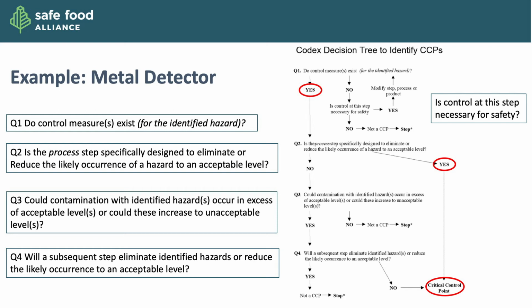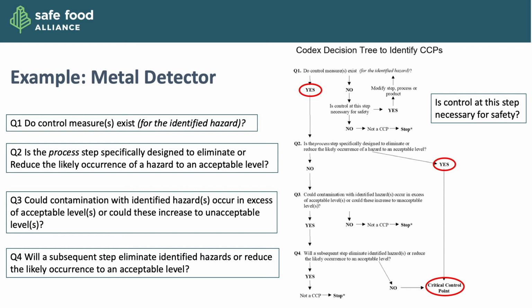And it can consistently control stainless steel, non-ferrous, and ferrous metal types. We've covered all the potential metal hazards that can be controlled at that step, so we can answer yes. This process step specifically is designed to eliminate or reduce the likely occurrence of a hazard to an acceptable level.